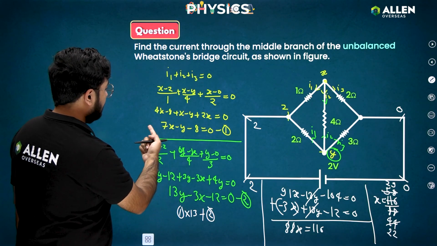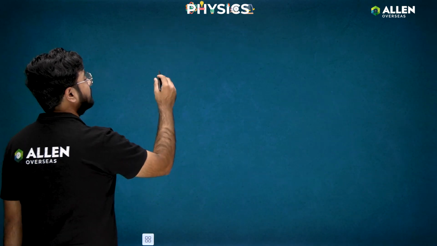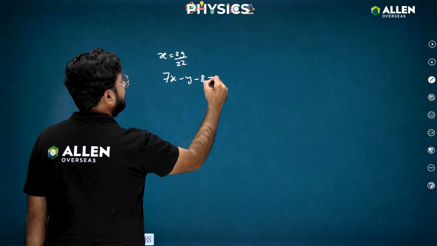Take any equation and substitute. Let me choose this equation, 7x minus y minus 8 is equal to 0.